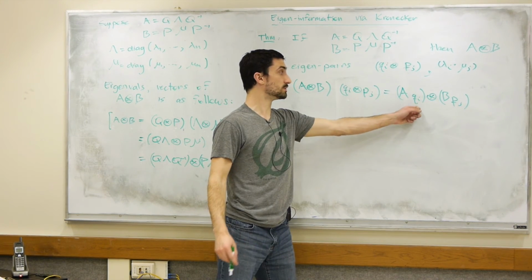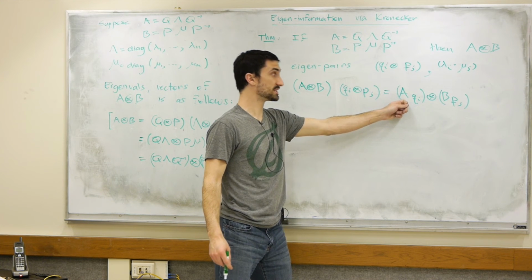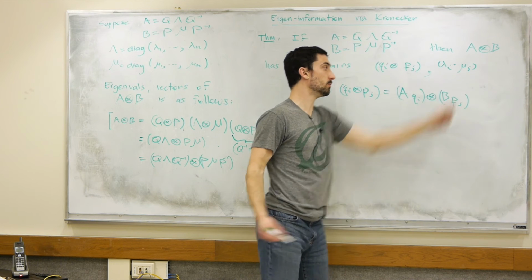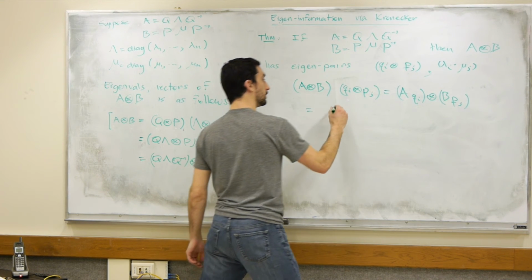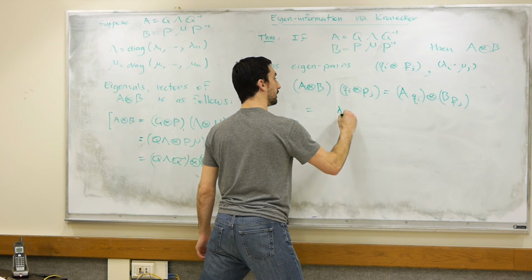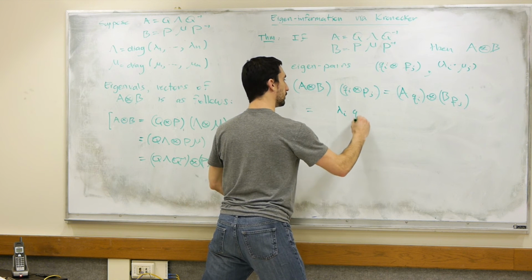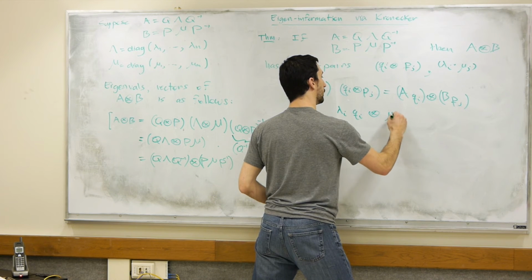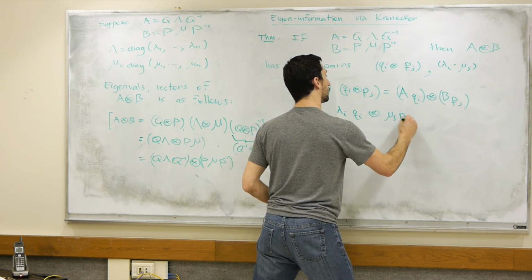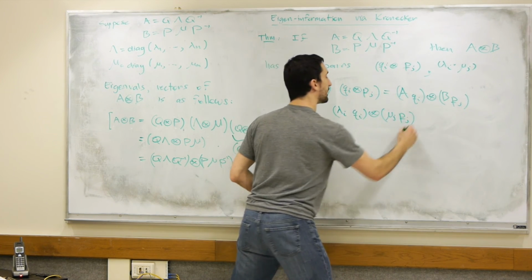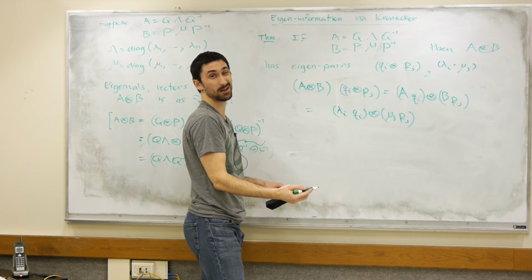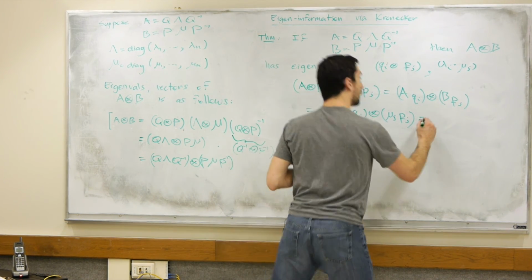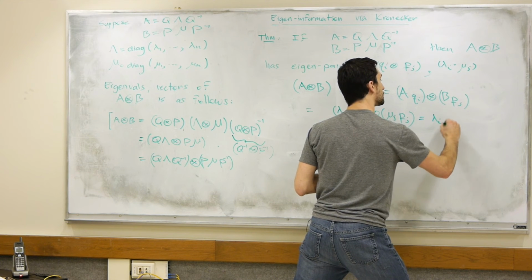Since we took Qi to be an eigenvector of A precisely with eigenvalue lambda i, and similarly for P and mu j, we get that this is equal to lambda i Qi Kronecker mu j Pj. And finally, since lambda and mu are scalars, we can factor them out of the Kronecker product using a property we already discussed.